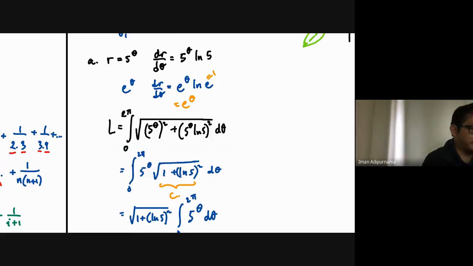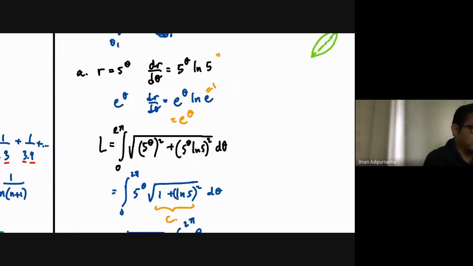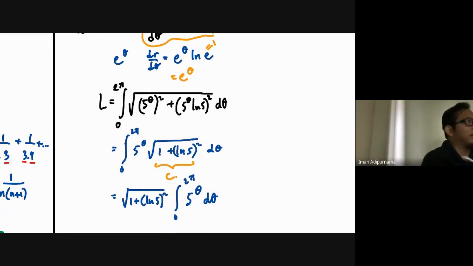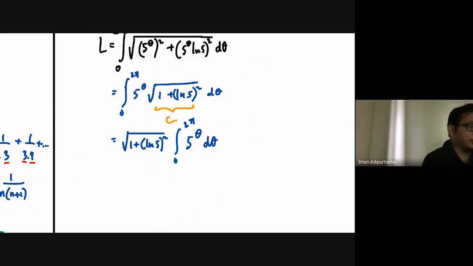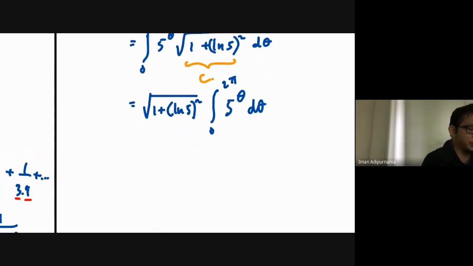Now, because we already have this dr over d theta, let's find how to integrate 5 with the power of theta. You can try some trial and error. I don't think that would be difficult.